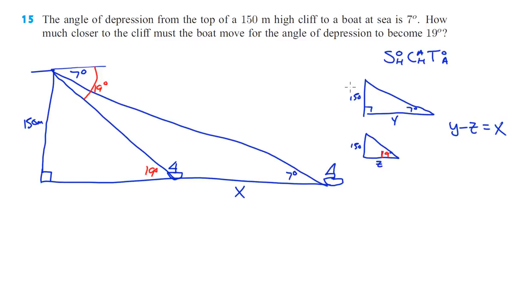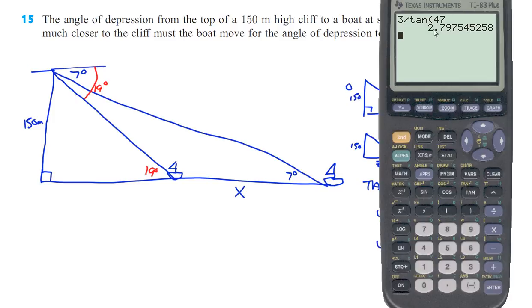This side here is opposite from angle 7, and this is the adjacent. Tangent is opposite over adjacent, so tangent of 7 degrees equals 150 over Y. Those two swap spots, so Y is going to be 150 over tangent 7.